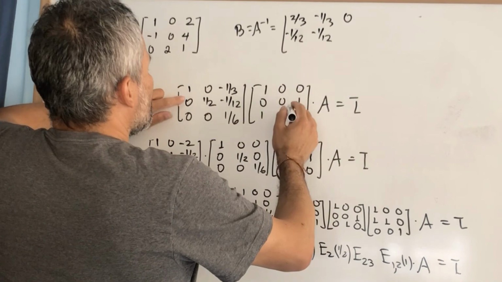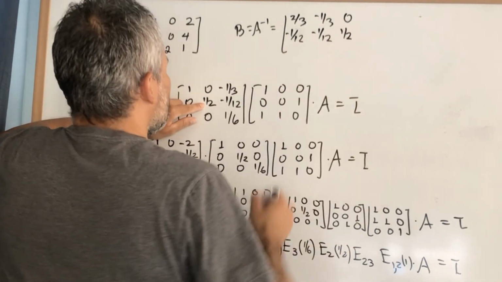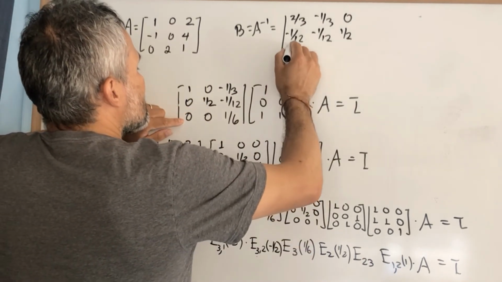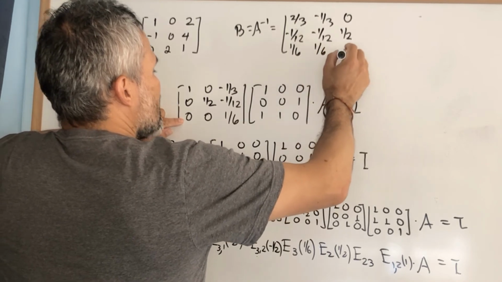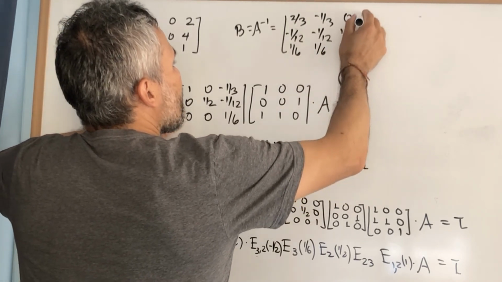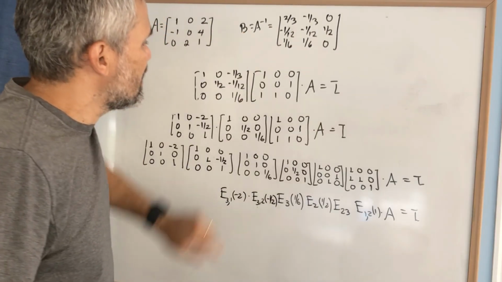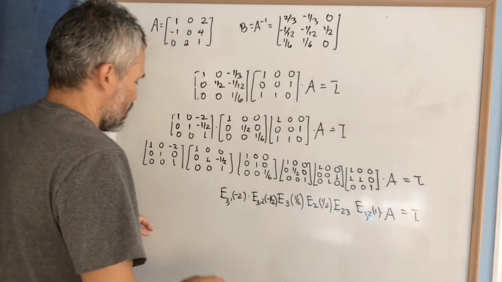And we get 1/2 here. Now for this we get 1/6, 1/6, and 0. Then this is the inverse. Let's check if this is true.